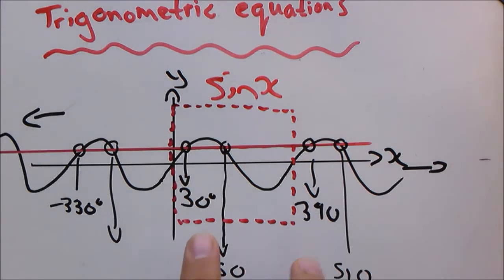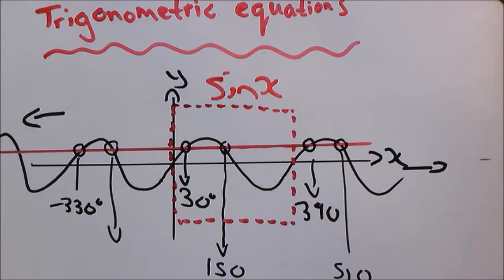So within this section we'll only have two answers, 30 and 150. That is an example of a specific solution. But the general solution means we need to write it in an expression that will include all the answers to the left and to the right for both cases, for both areas where it takes place.